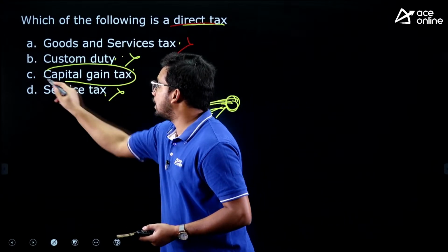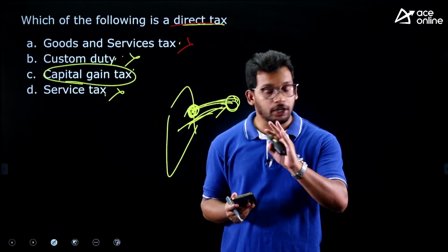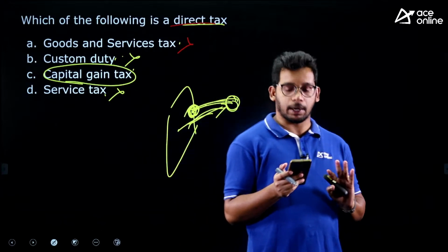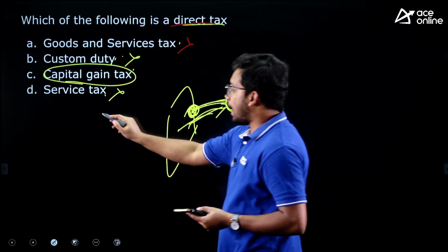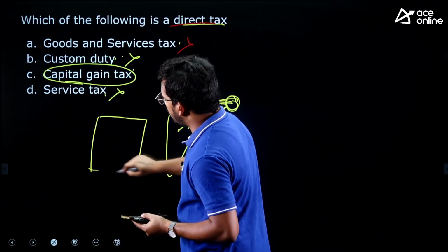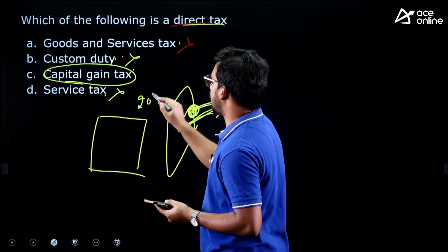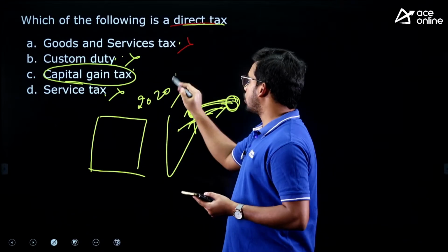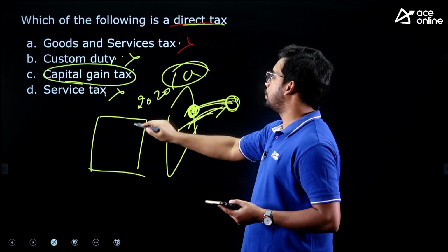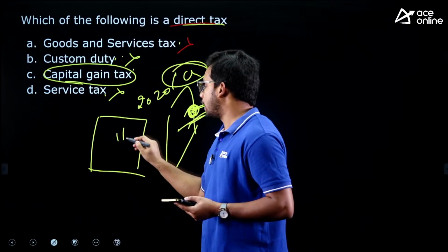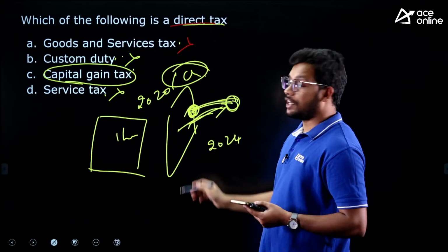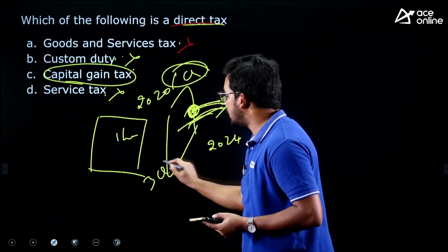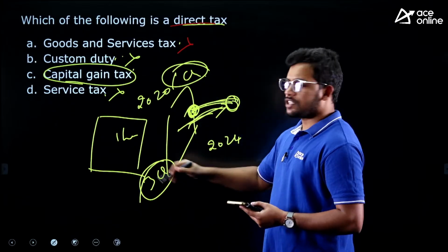Whereas capital gain tax, you are directly paying to the government. I'll explain what capital gain tax is. For example, I bought a land in 2020 for 1 crore rupees, a 1 hectare land. In 2024, I am selling it for 3 crores to someone else. Inflation they will remove.